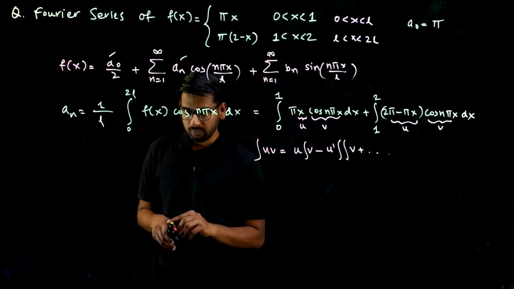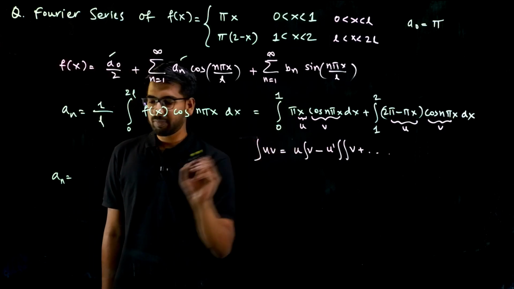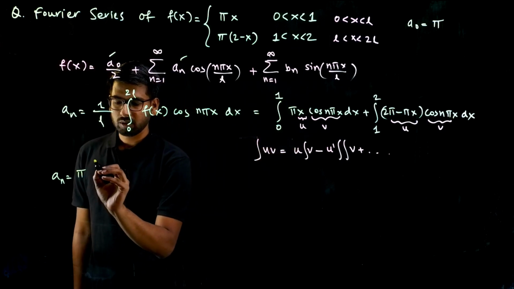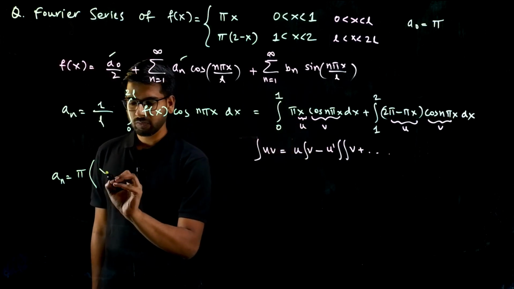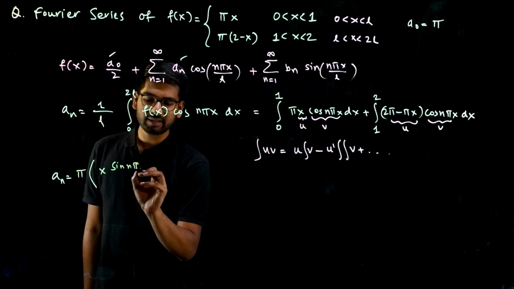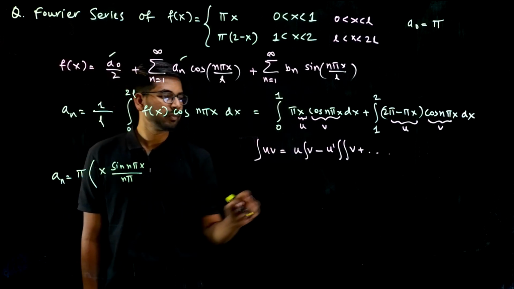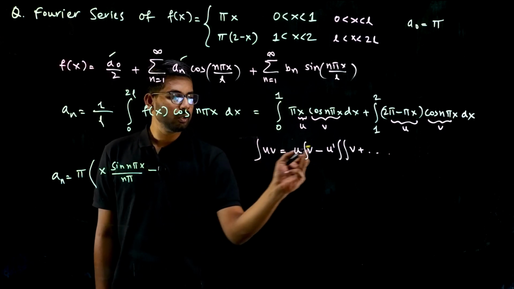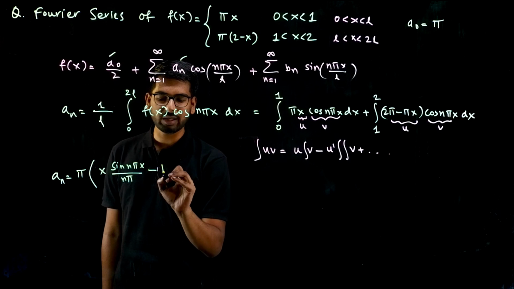Okay, so what will we get? an is equal to pi, I'll keep as it is, x, that is u, into integration of v: integration of cos(n pi x) is sin(n pi x) by n pi. Whatever the coefficient of x here will come in the denominator. Next, minus u dash. u dash is the differentiation of x with respect to x, that is 1.